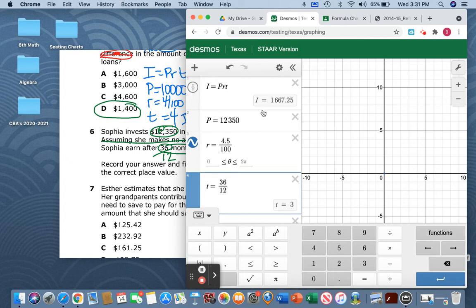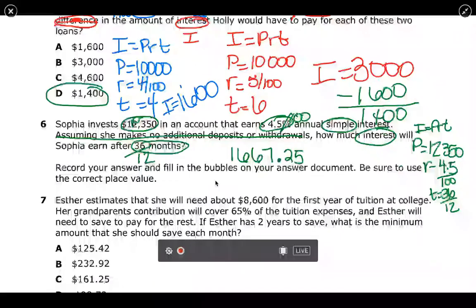And our interest is 1667.25. I struggle when my students say the whole number because they have their math on. So I'm like, can you just say the numbers? That's why I keep saying the numbers, because we do that in my class.